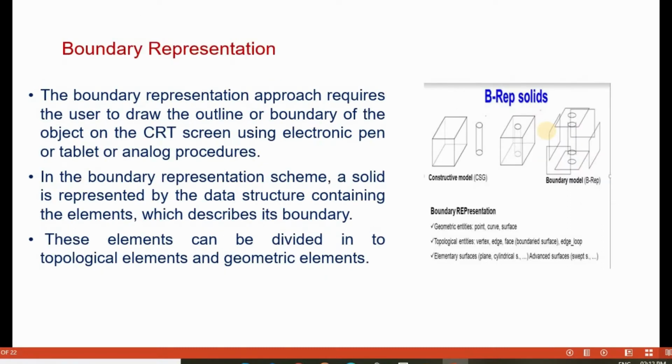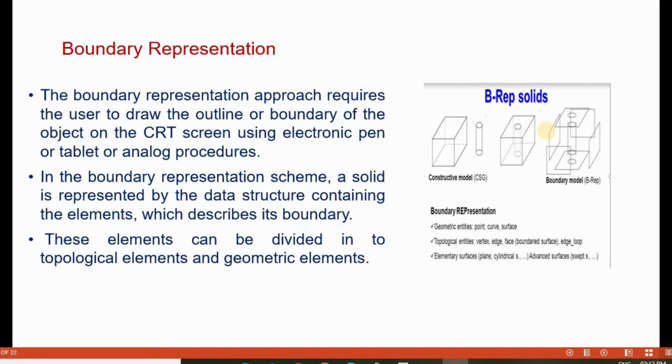Another technique is called the boundary representation, also called B-rep. The boundary representation approach requires the user to draw the outline or boundary of the object on the CRT screen. So mainly the boundary representation represents the outline or boundary line of the objects on the CRT screen.